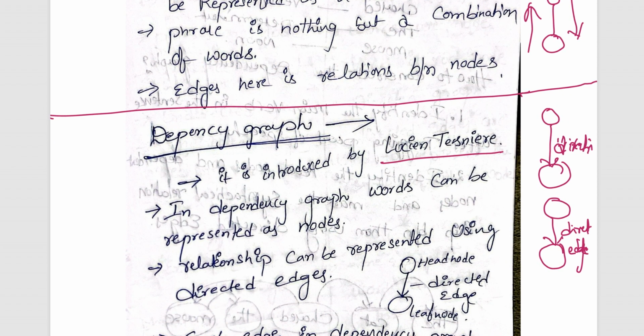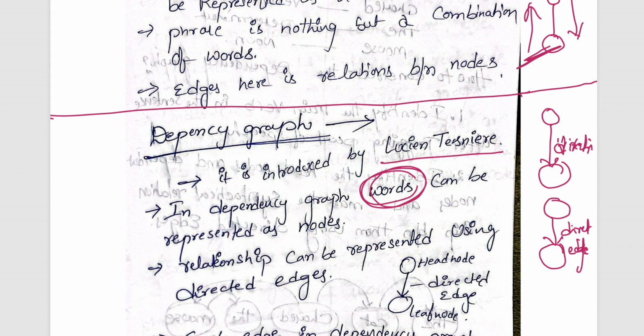One more important point, the difference between the phrase structure graph and the dependency graph: in the phrase structure graph, nodes are represented with phrases, but in the dependency graph, nodes are represented with words. That is the main difference.